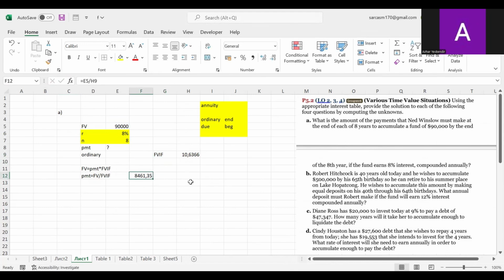So that's it. This is our payment that he has to pay over 8 years at the end of each year. Okay, now we can move on to our B.